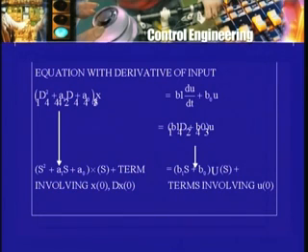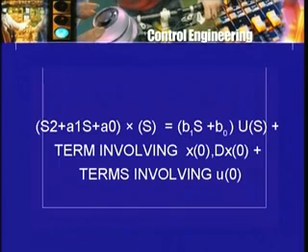So that is the full equation for X(s), and therefore (s squared plus a1 s plus a0) multiplying X(s) equals three terms. One is (b1 s plus b0) into U(s), which involves the input transform, plus terms involving x0 and dx0, the initial values of the response, plus a third part, or in this case only one term, involving the initial value u0.